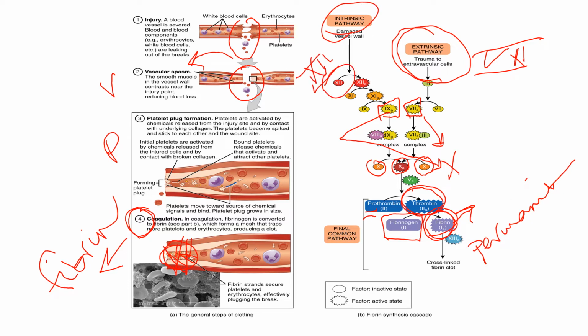Why do we call it the extrinsic pathway? Because factor 7 is activated by something found outside the vascular spaces. Why do we call this the intrinsic pathway? Because factor 12 is activated by something found within the vascular spaces. Once you activate factor 7, this will activate factor 10. Once you activate factor 12, this will activate factor 11, and factor 11 will activate factor 9, and factor 9 will activate factor 10. Then you will activate factor 2, and then factor 1, and produce fibrin, which is active factor 1.